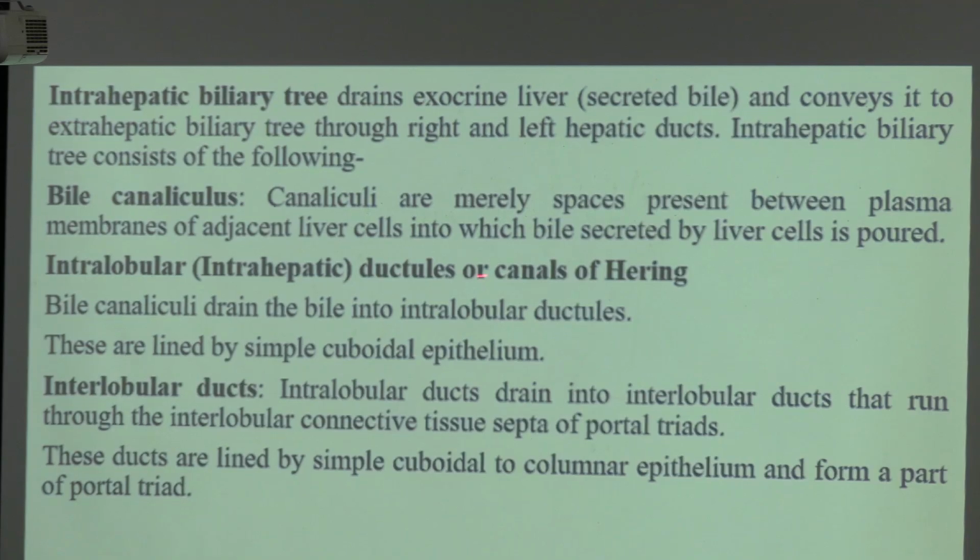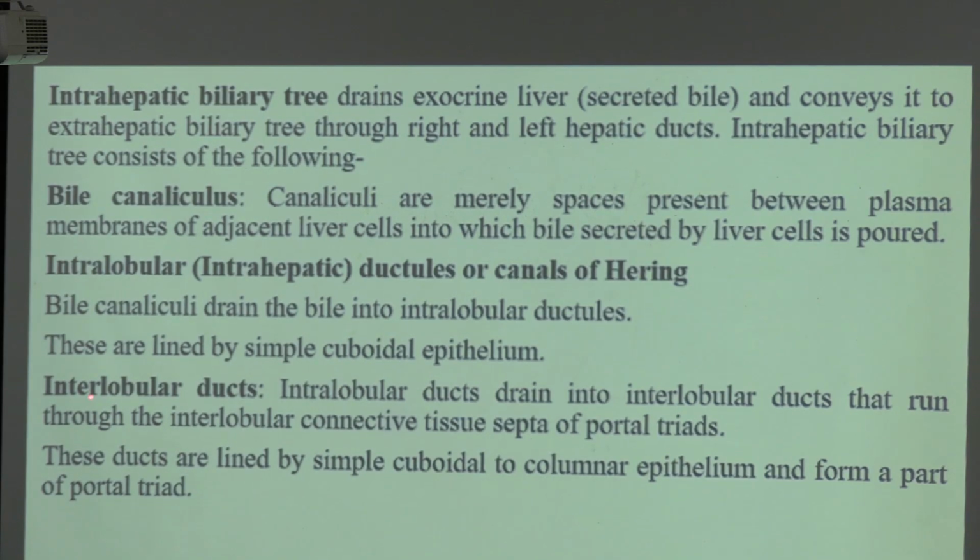After that we get the canal of Herring, also called the intralobular ductules. After the bile canaliculus, what do we get? The intralobular ductule. Now the bile canaliculi drain bile into the intralobular ductule. This intralobular ductule is lined by simple cuboidal epithelium.